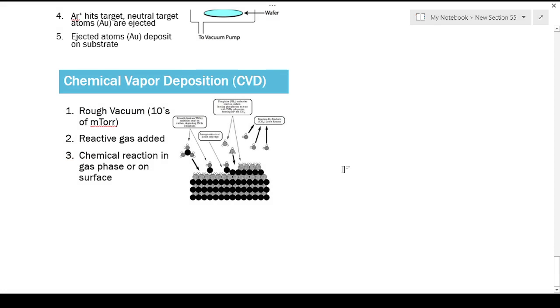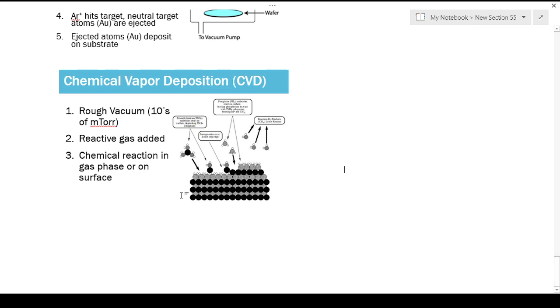Okay. Now rough vacuum case. A rough vacuum is also created in the chemical vapor deposition method. So here what we do is introduce a reactive gas. We will be having a substrate and the target material that you want to deposit on the substrate. On that we introduce a reactive gas, either oxygen or any other gas.